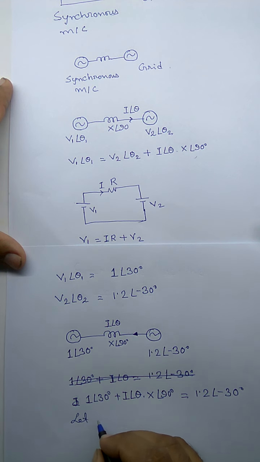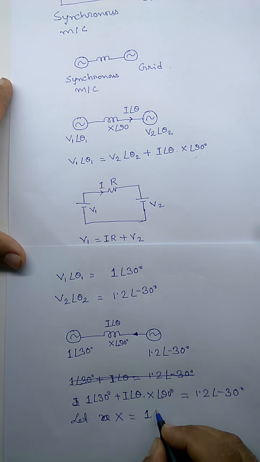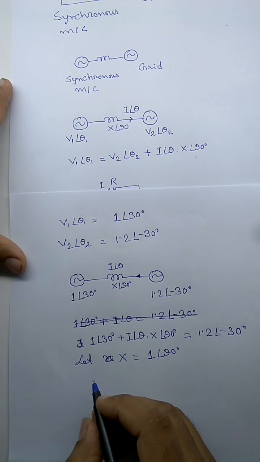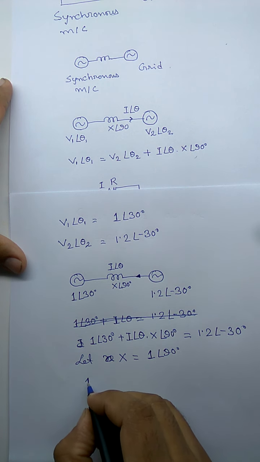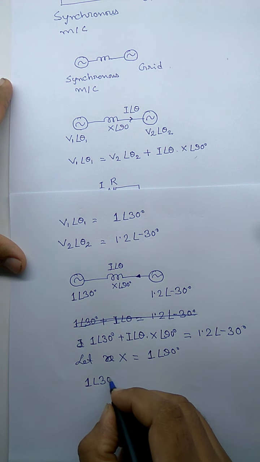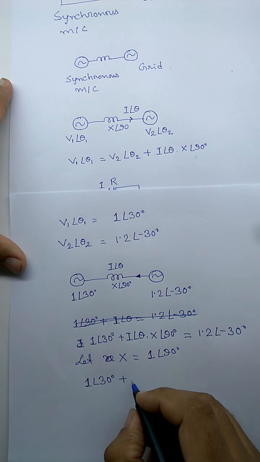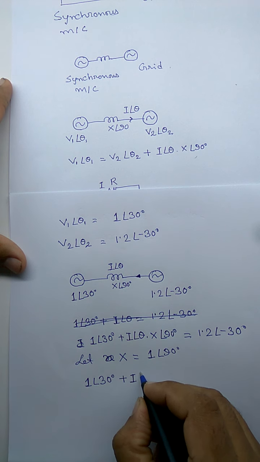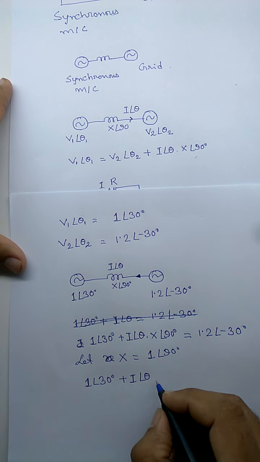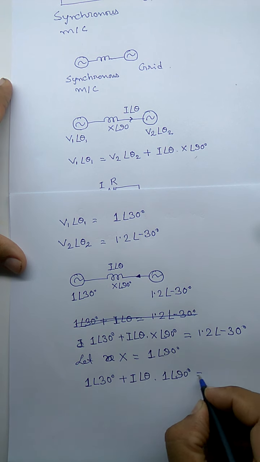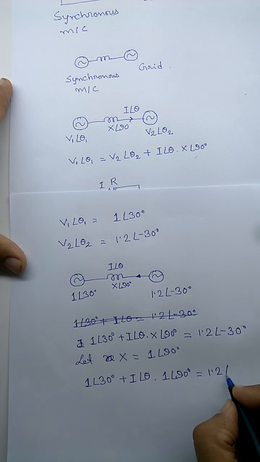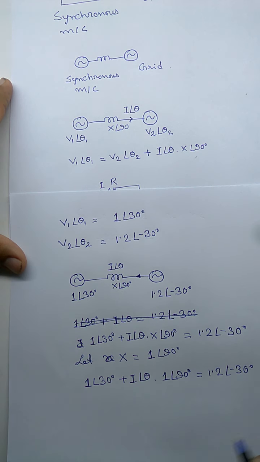Let X be equal to 1 at an angle of 90 degree. So we can write 1 at an angle of 30 degree plus I at an angle of theta into 1 at an angle of 90 degree is equal to 1.2 at an angle of minus 30 degree.